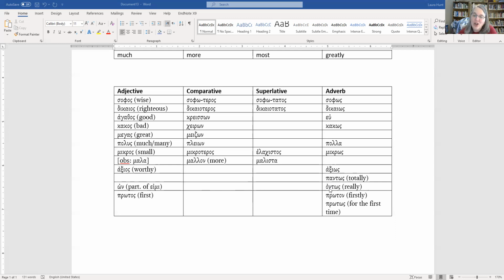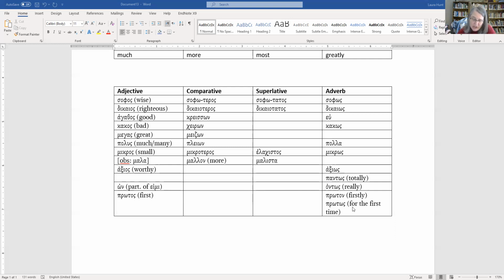And then ontos means really, and you can think of the participle of eimi, on, and then the adverb ontos has to do with being. And so it really is real. It really is true. It is the case that this is what is, right? So really. And then protos is first. Proton can be firstly, the accusative, and protos means for the first time.